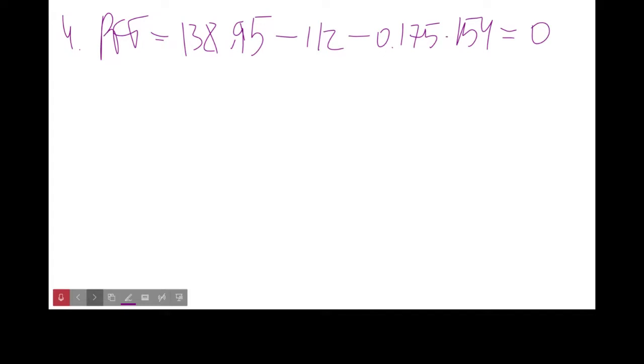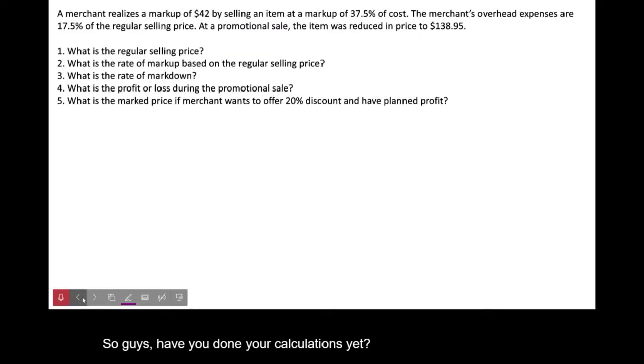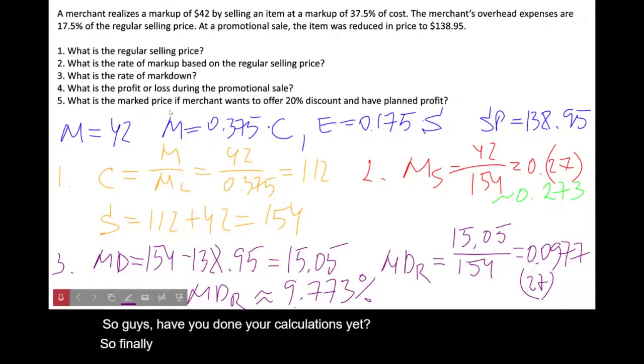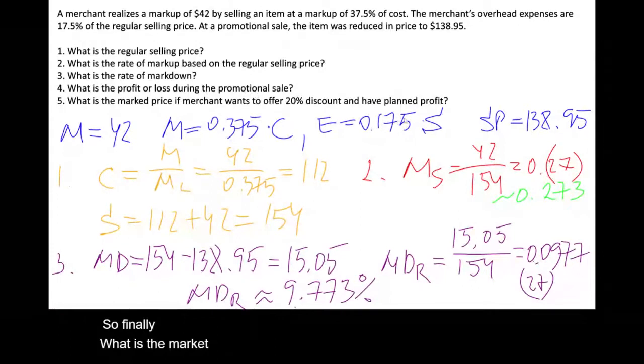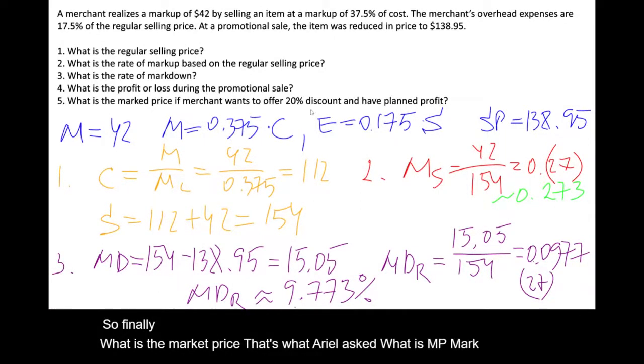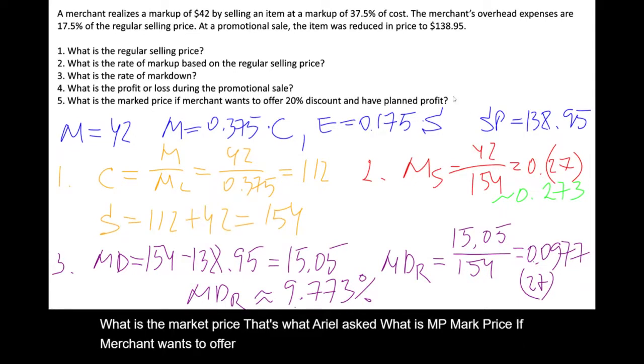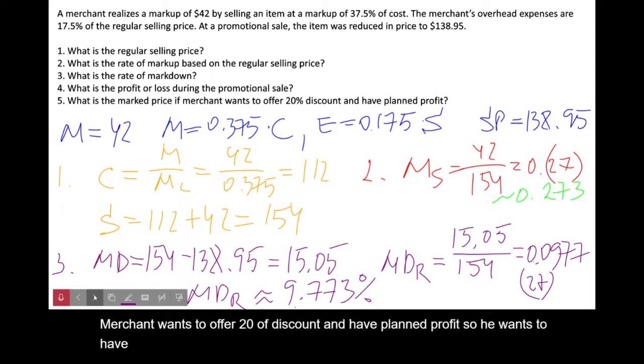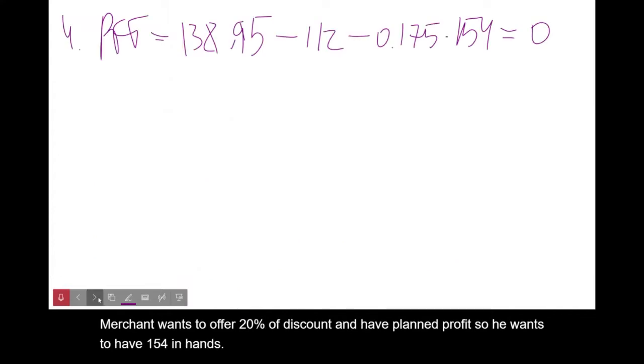So guys, have you done your calculations yet? Okay, so finally, what is the marked price? That's what Ariel asked. What is MP? Marked price if merchant wants to offer 20% of discount and have planned profit. So he wants to have 154 on hands, right?